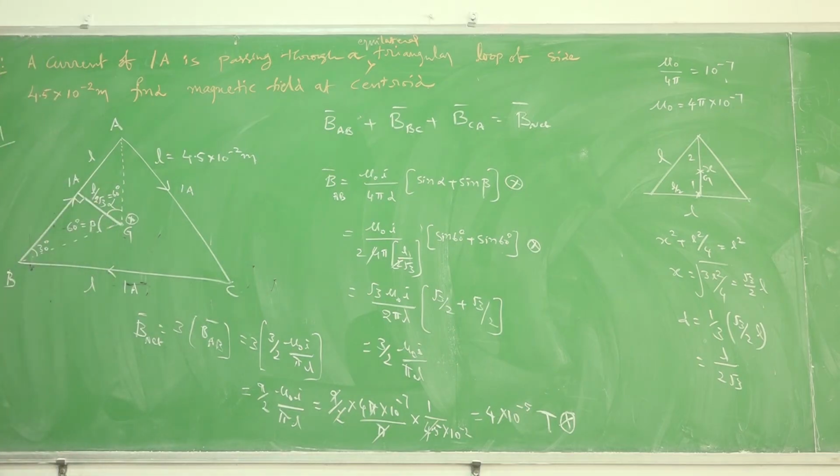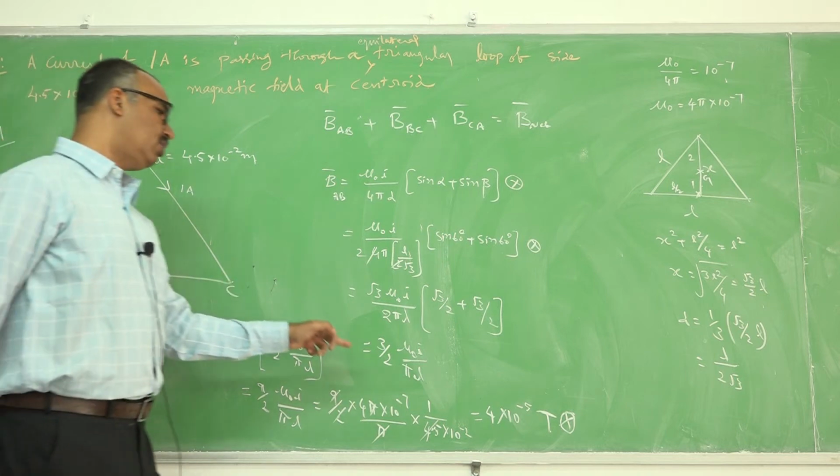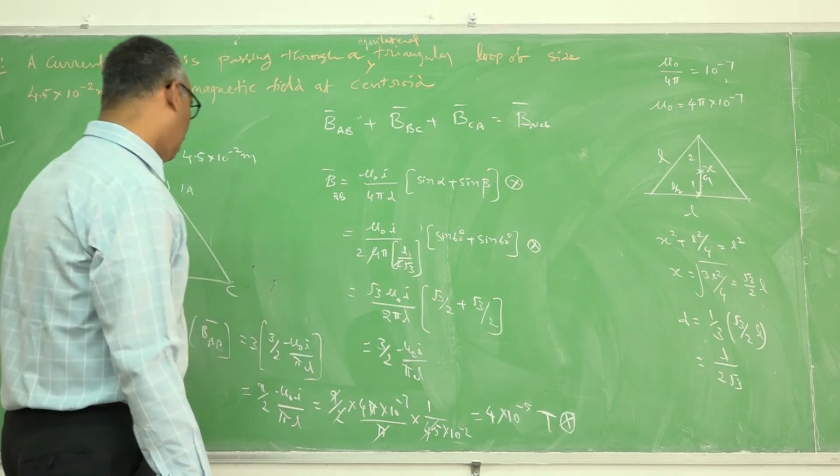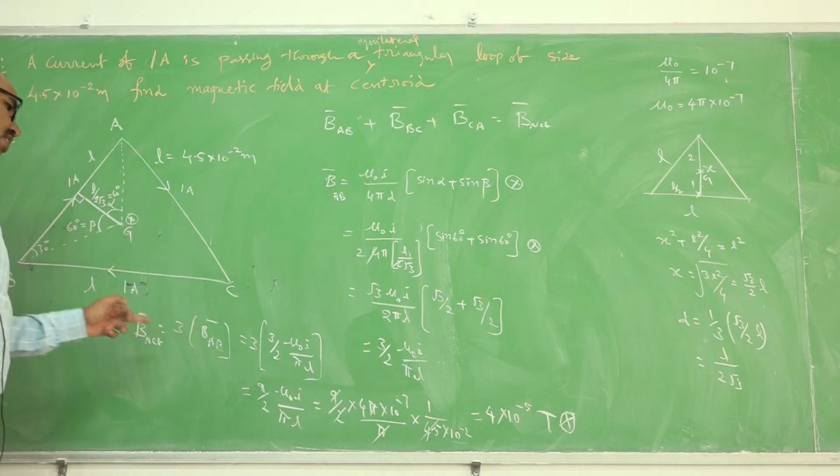Once again, you see, there is a triangular loop. Because of the triangular loop, you need to find the magnetic field at the center. So this loop consists of 3 sides. Each side provides a magnetic field of identical magnitude. So the magnetic field due to a single wire is given by 3 by 2 mu naught I by pi L. Whenever you multiply by 3, you will get the net magnetic field.